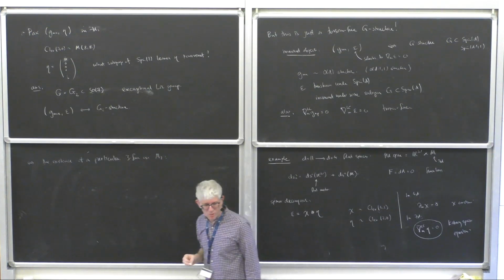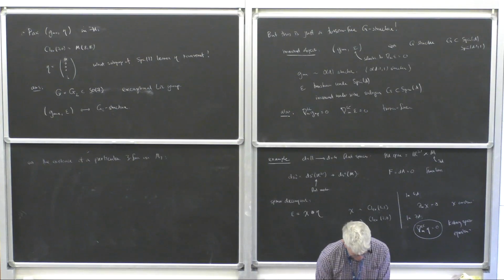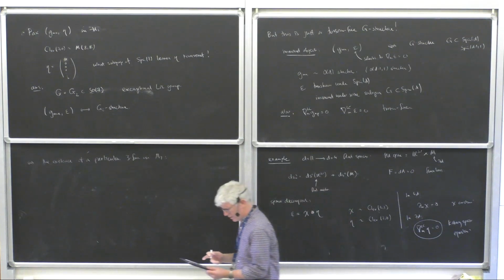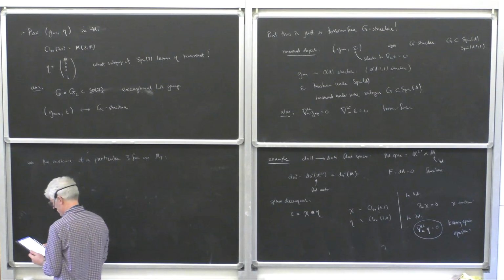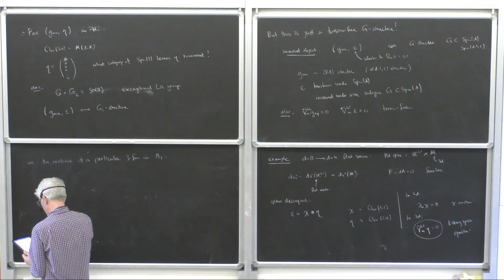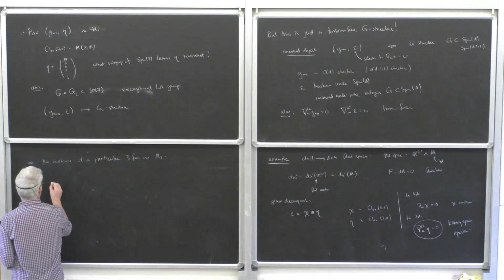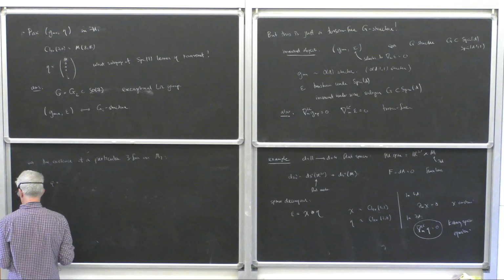So let me tell you what that three form looks like. That three form, I'll call it phi, can be written in the following way.